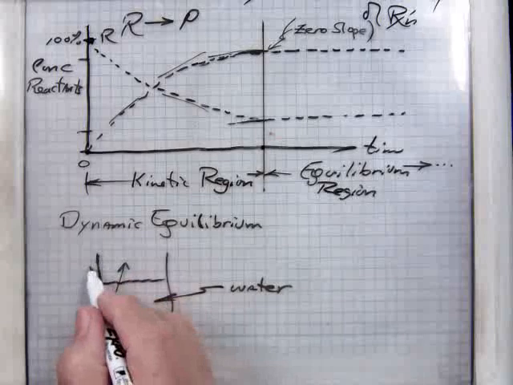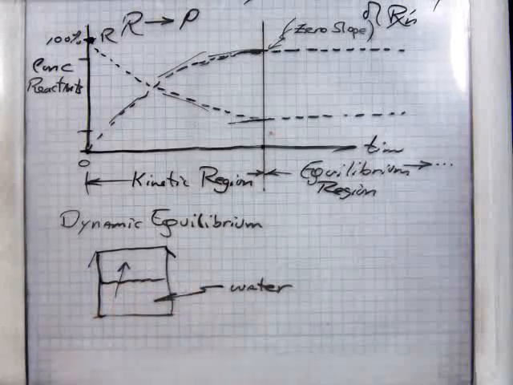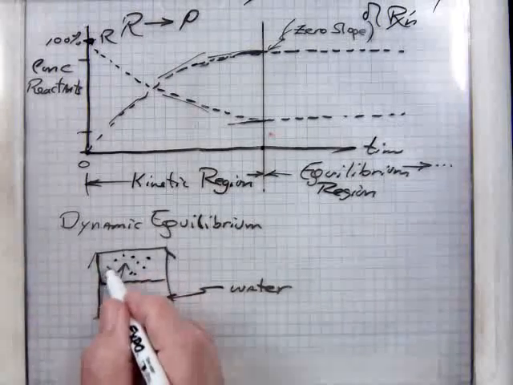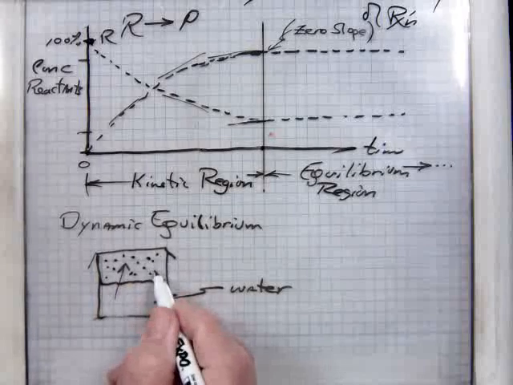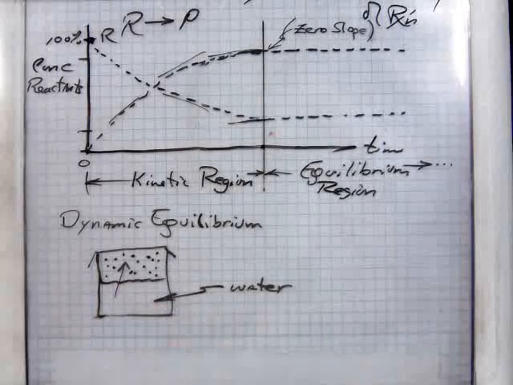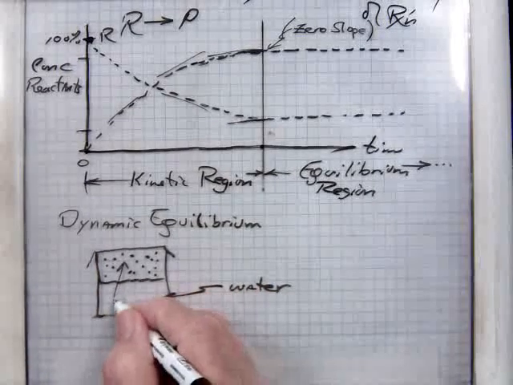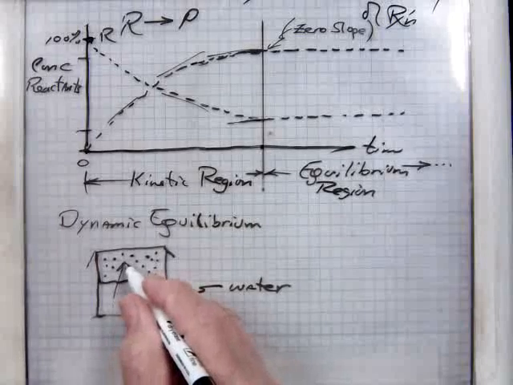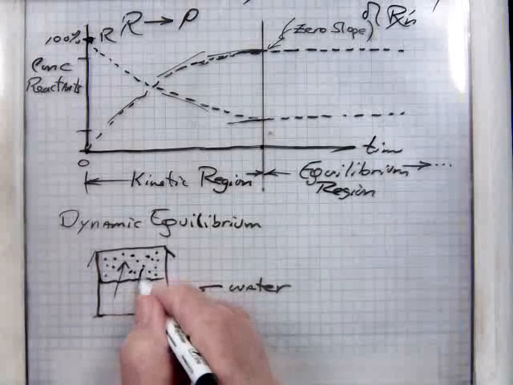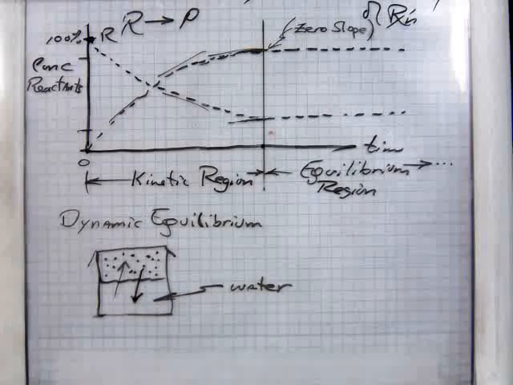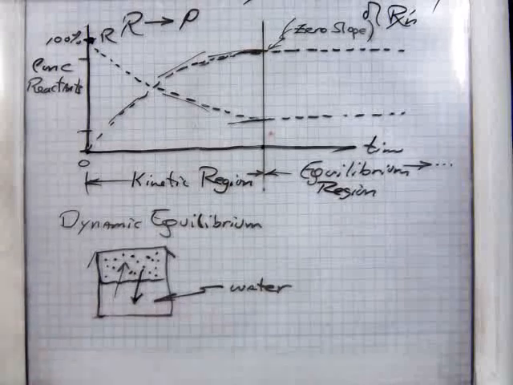And if we put a cover on the container, then there's a point at which the region above the liquid becomes saturated with gas molecules of the liquid. And when that happens, the molecules in the liquid continue to go into the gas phase, but at the same time, molecules return to the liquid phase. And one is a forward reaction, one is a reverse reaction.